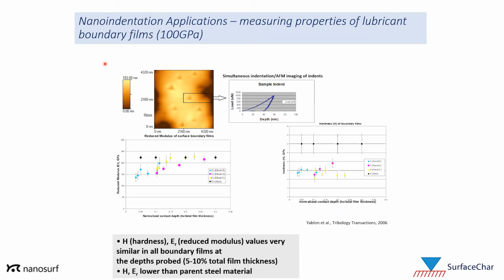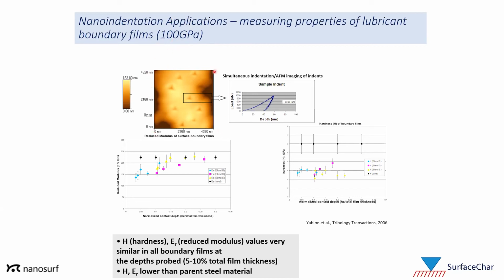These are about 100 nanometer inorganic films on a stainless steel substrate. They're about 100 gigapascals. That's on the stiff side. Obviously not appropriate for the AFM. We had to go with an instrumented nanoindenter for this.